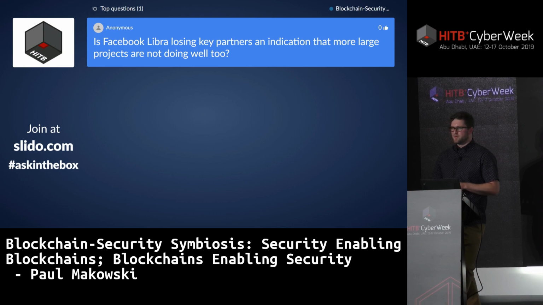You don't really want to have a Facebook coin. They already have a lot of power in other aspects, and allowing them to have power in that aspect as well is not something that's welcomed by a lot of governments.